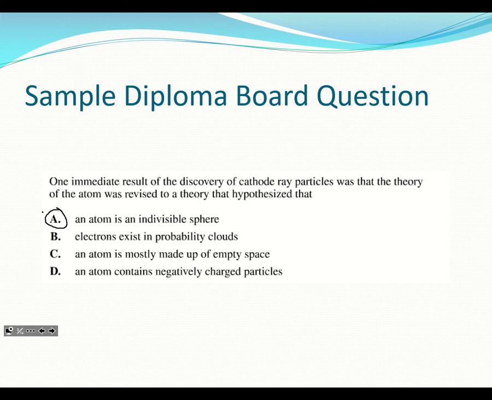Oh, sorry, I just read that wrong. One immediate result of the discovery of cathode ray particles was the theory that the atom was revised to a theory. And what Thompson found in his experiment is that there's these negatively charged particles, these electrons. So sorry, D is the correct answer. My bad.